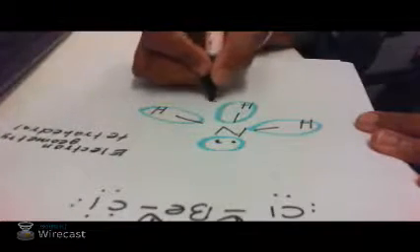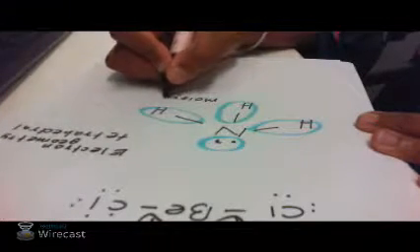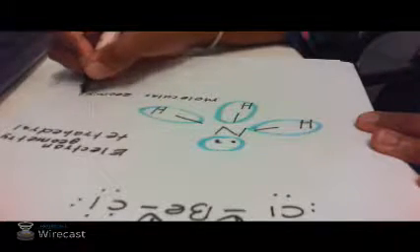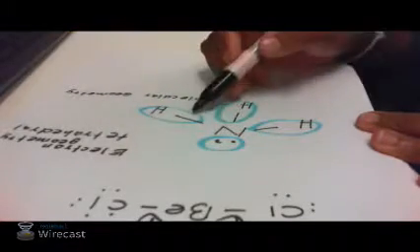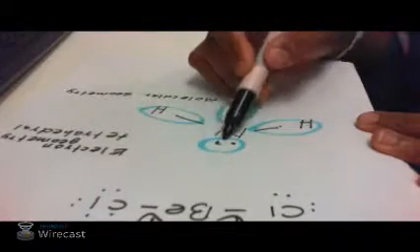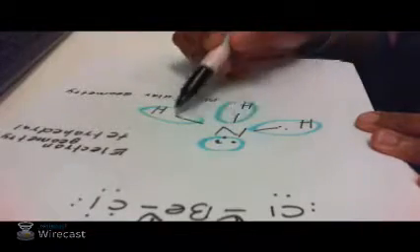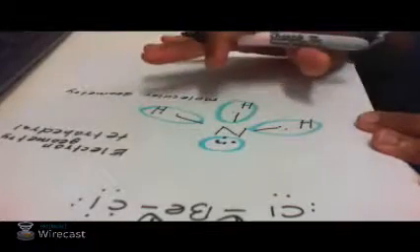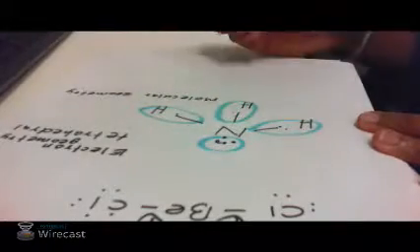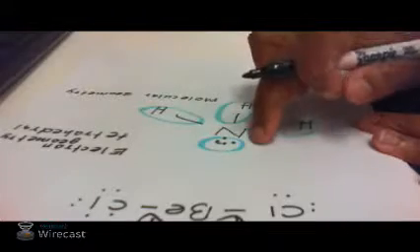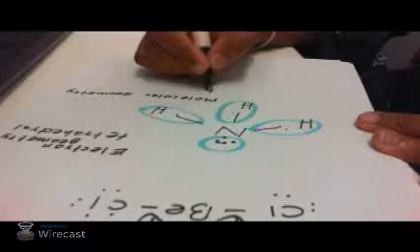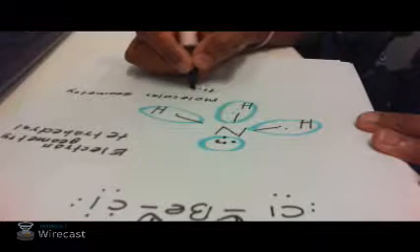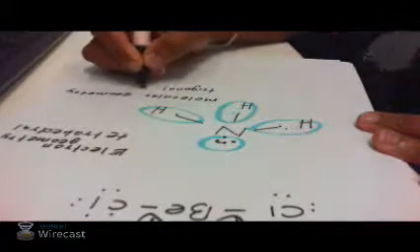What about molecular geometry? Molecular geometry, you have 3 bonding groups, 1 lone pair. That means you have 4 electron groups around the central atom. From 4 electron groups, 3 bonding, 1 lone pair, it becomes trigonal pyramidal.